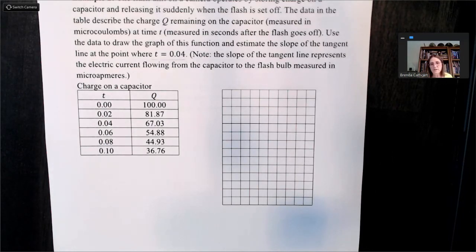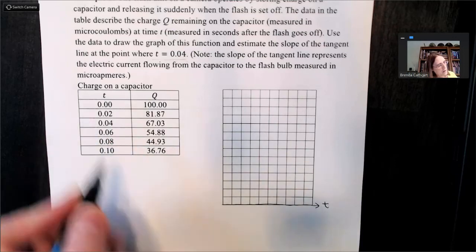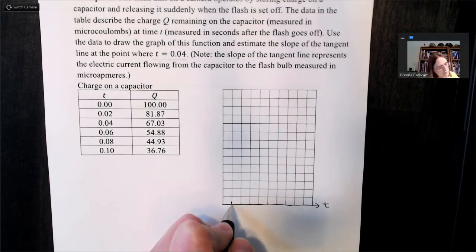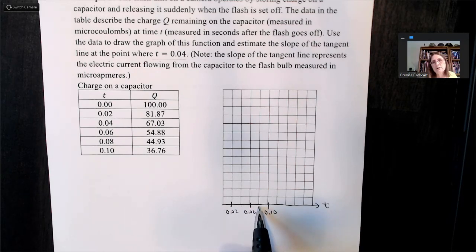So first off, let's get a graph of this. Our t values on our horizontal axis are all positive, and they go by 0.02, so let's go by a scale of 0.02. I'm just going to write every other one. So 0.02, 0.04, 0.06, 0.08, and 0.10.